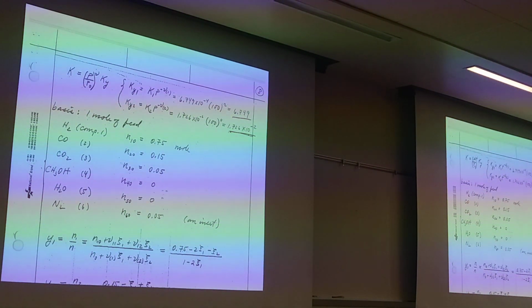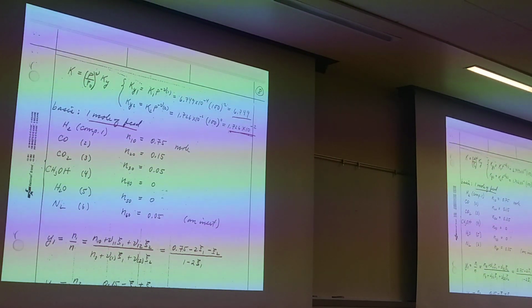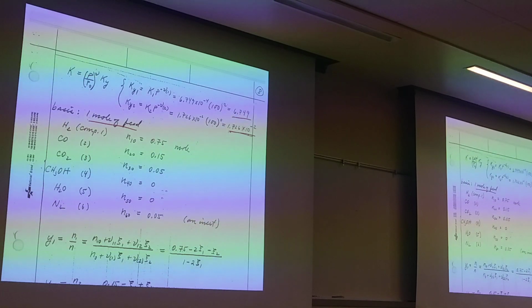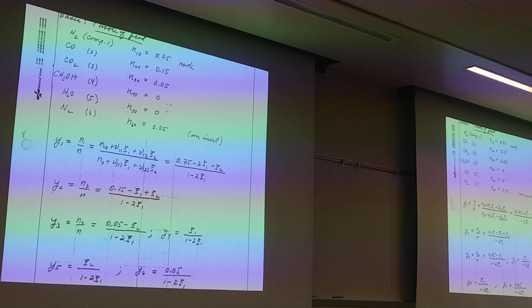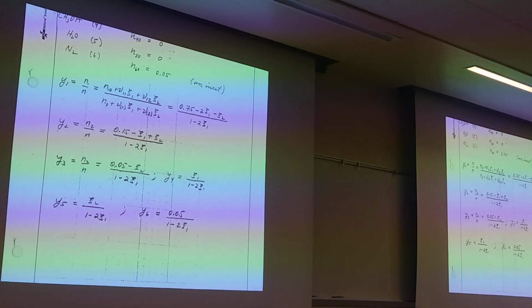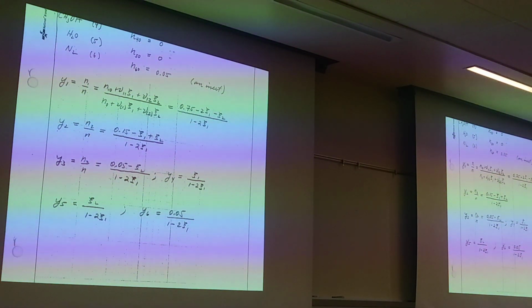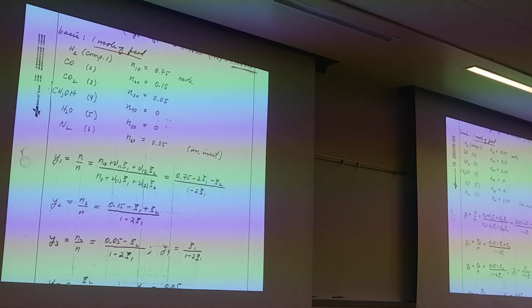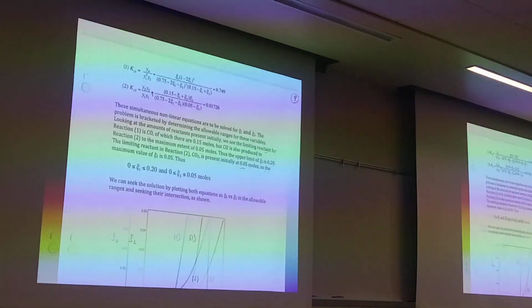So I took a basis of 1 mole of the feed. You could have taken another basis, but on my basis of 1 mole of feed, I get for all of the initial numbers of moles what I've listed in this initial inventory. And then in terms of that, I can construct expressions for all of the mole fractions, Y1 through Y6, here they all are, and then put them together in the appropriate expressions for Ky for the first reaction and the second reaction.